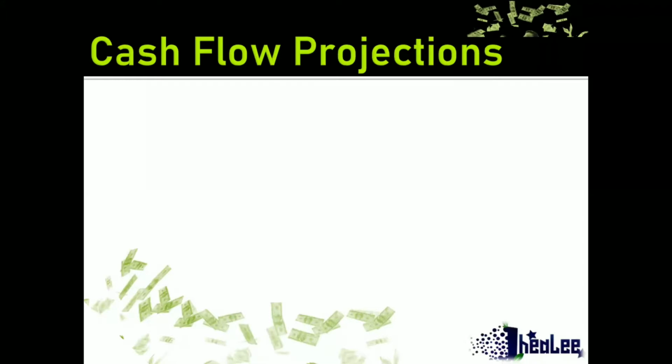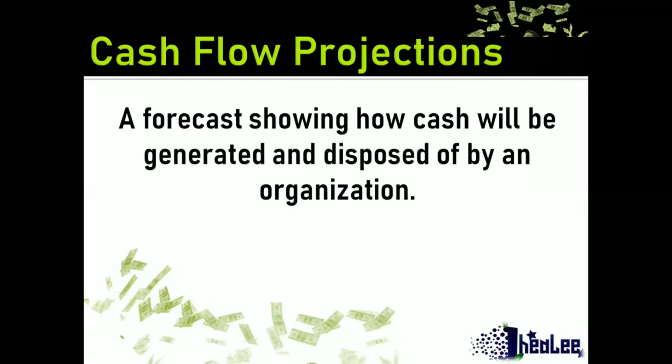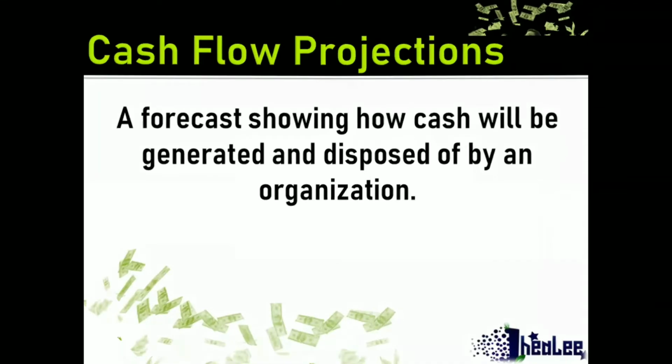They prepare a forecast showing how cash will be generated and disposed of by the organization during the period. So they're matching what they would receive in terms of cash and what they would pay out in terms of cash for the period. What they would receive would be the inflow, and what they're paying out would be the outflow for the period for the organization.